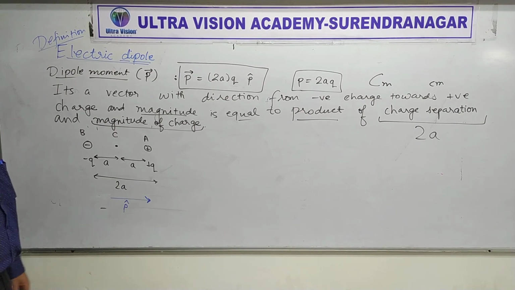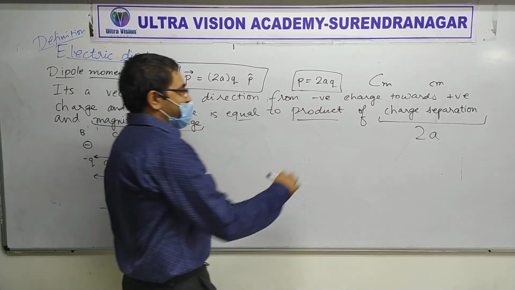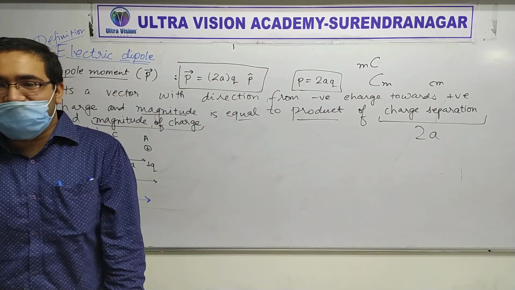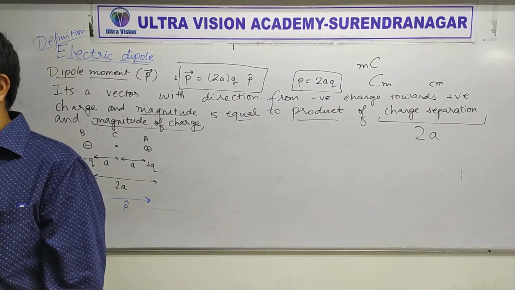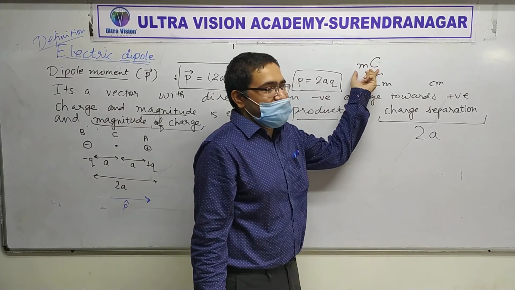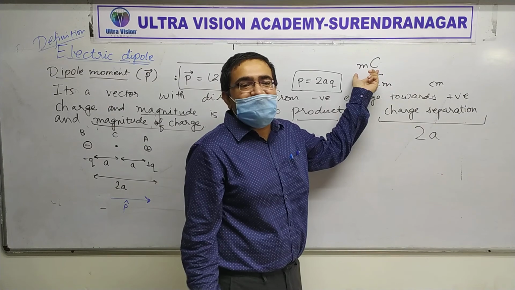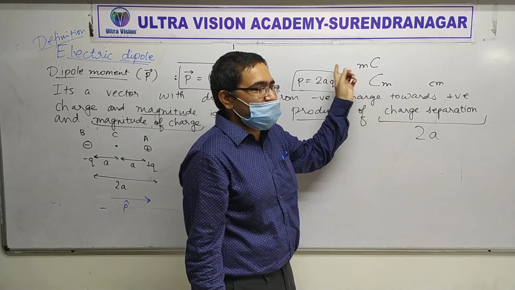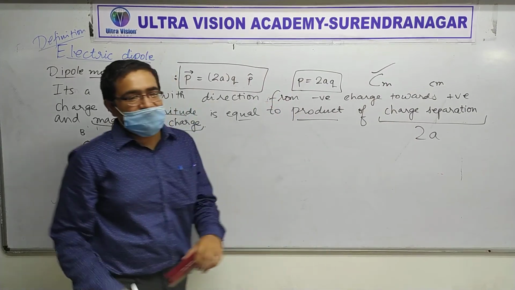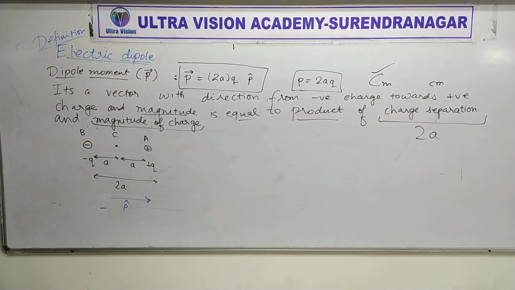It is coulomb meter. The reason why we do not write like this is because this will look like millicoulomb. Do you understand? There is no way to find out, if someone has written this, whether it is millicoulomb or meter coulomb. That's why this is the wrong way to write. This is the correct way. Got it? Okay, so be careful of it.